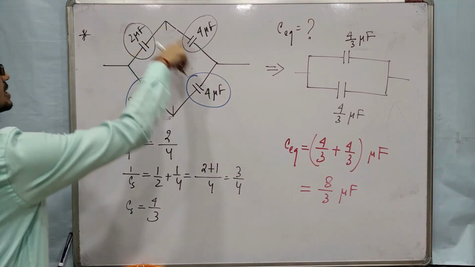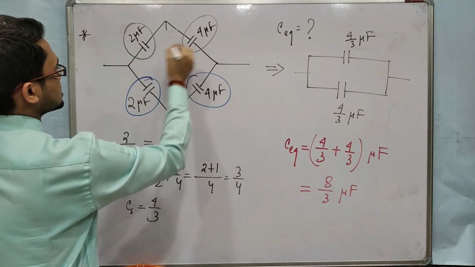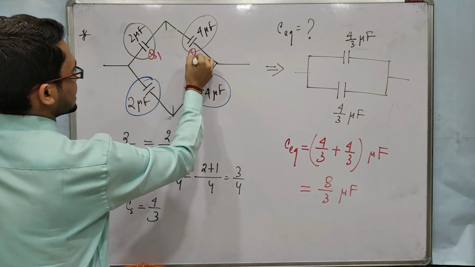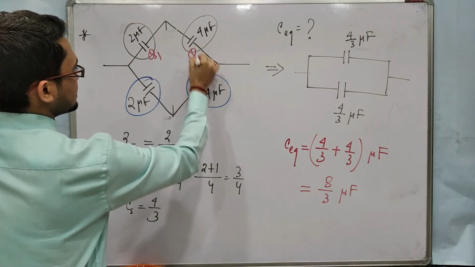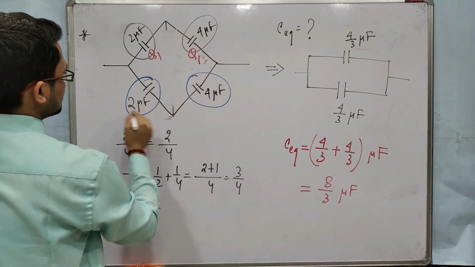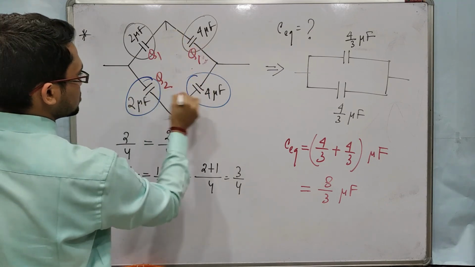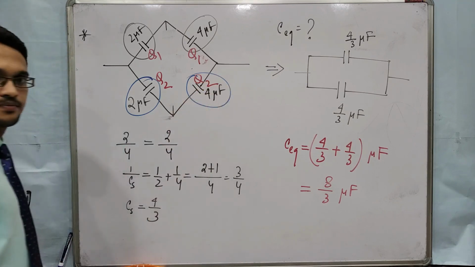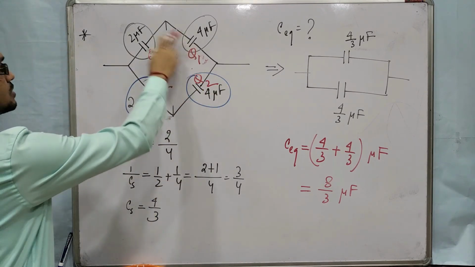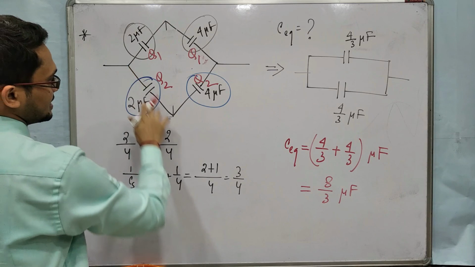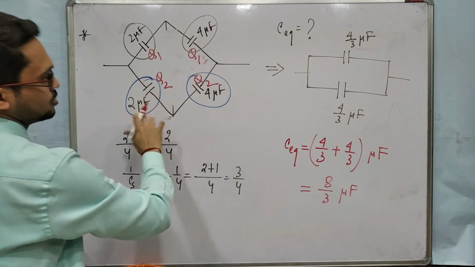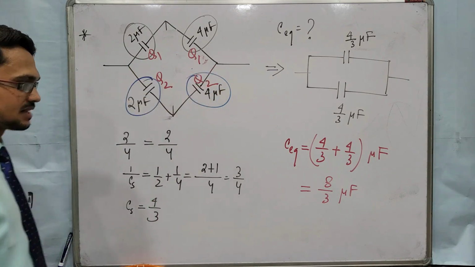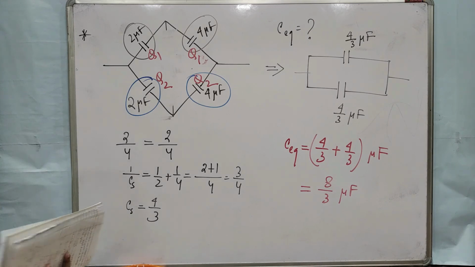Here these two are in series, that means charge on these two will be the same, Q2 and Q2. Again they are in series, so charge on these two will remain the same, that is Q2, Q2. Clear this part?